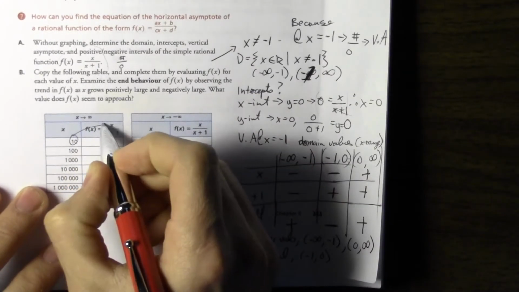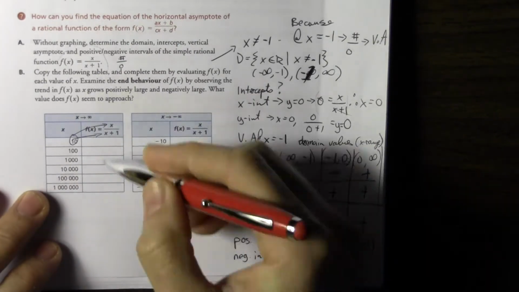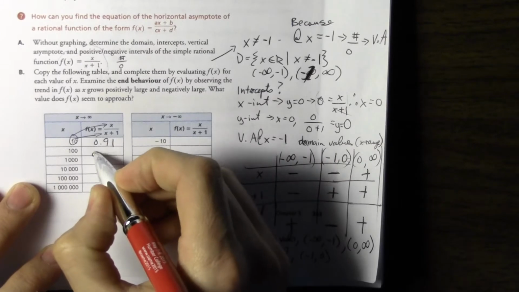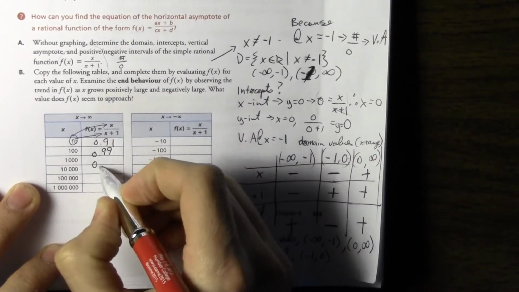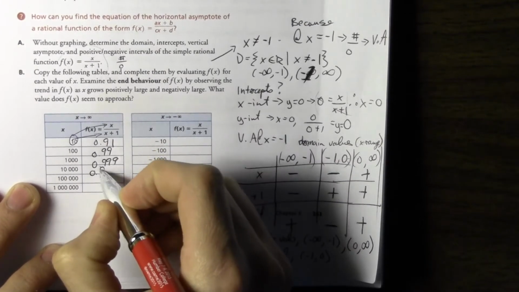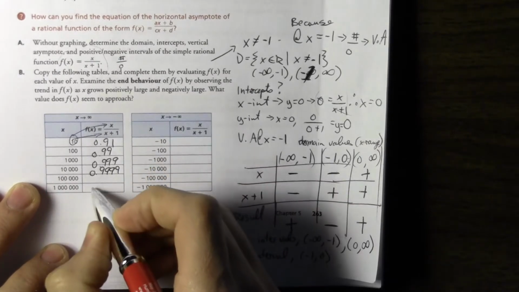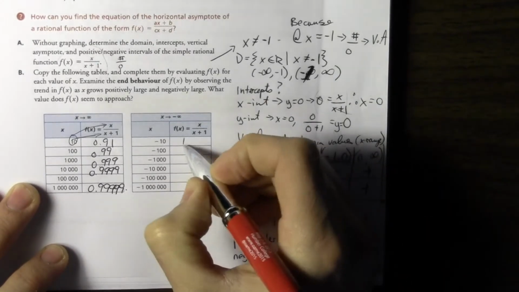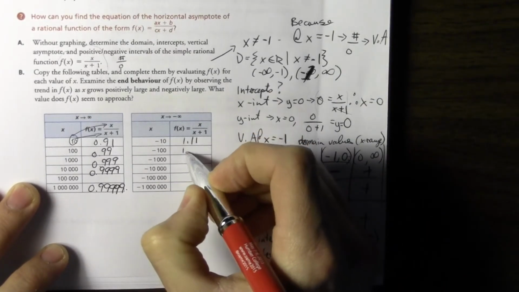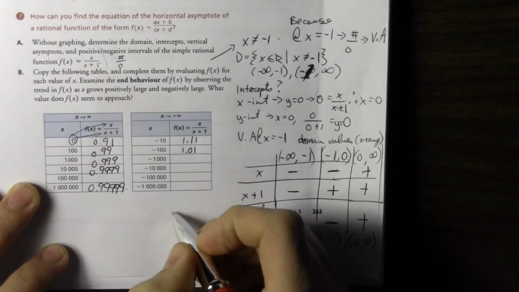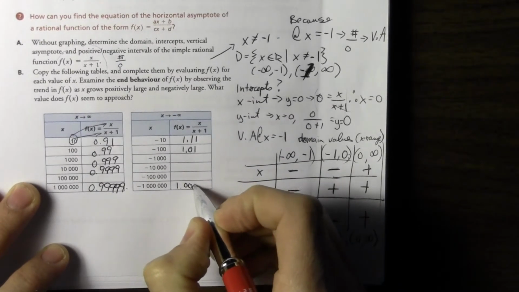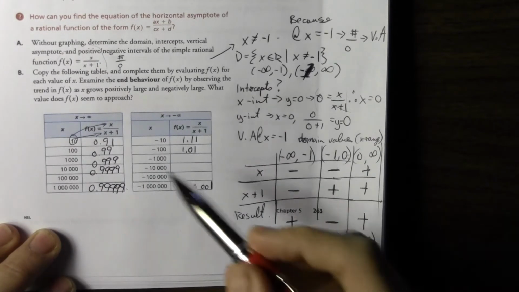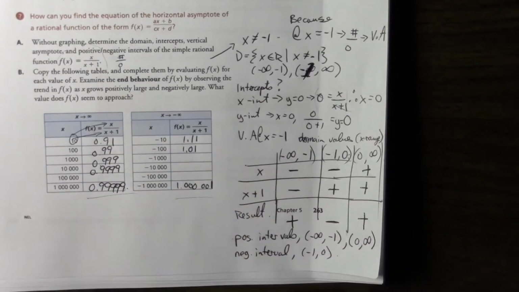We take 10 and we sub it in for x, and we get these values. If you work them out, you get these two values.